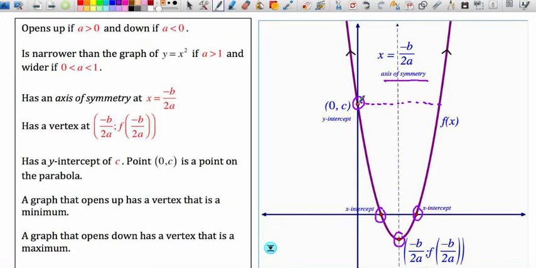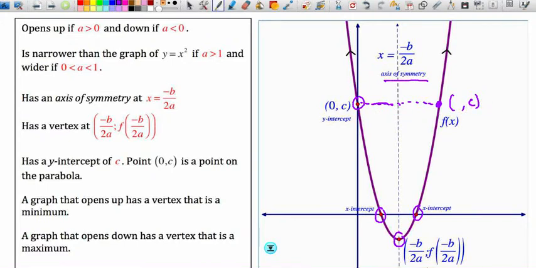If we take this y-intercept and reflect it over this line, we will get a corresponding point which will share the same y coordinate, and then we would just need to figure out the x coordinate. So this point would have the same height as the other point, and so its y coordinate would be c.